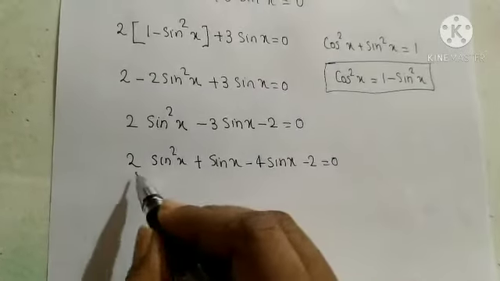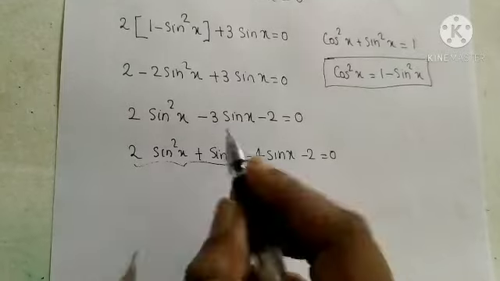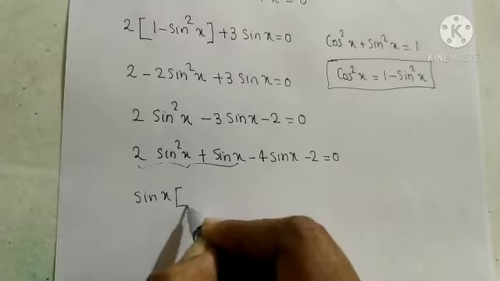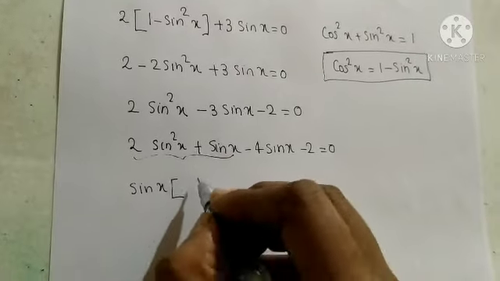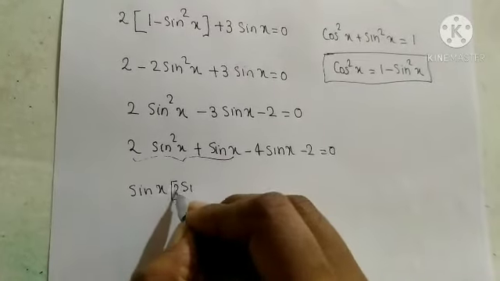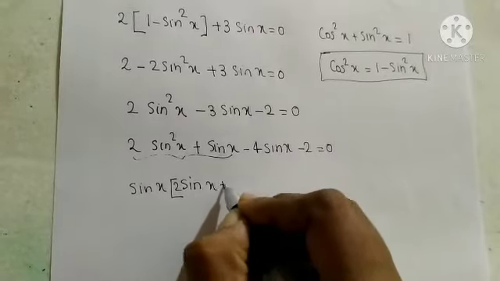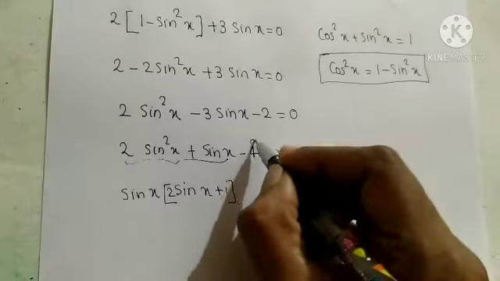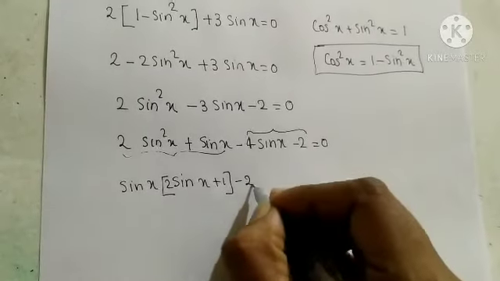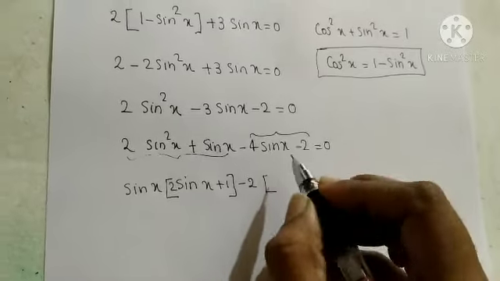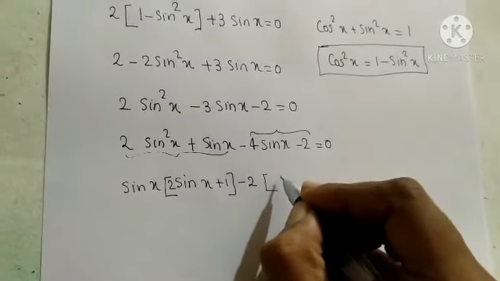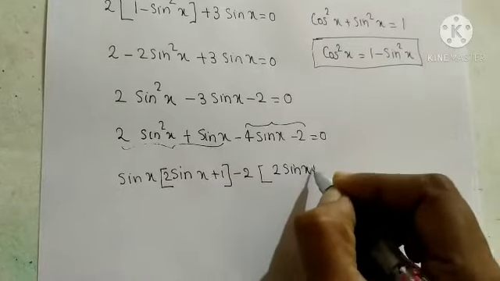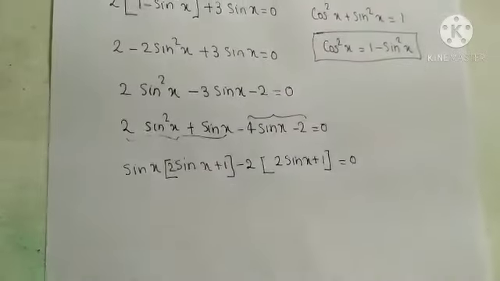Let us consider first these two terms. Here, sin x is common. Taking sin x from these two terms, we get sin x (2 sin x plus 1). And here also, let us consider these two terms. Minus 2 is common. Taking minus 2 from these two terms, we get minus 2 into (2 sin x plus 1) equals 0.